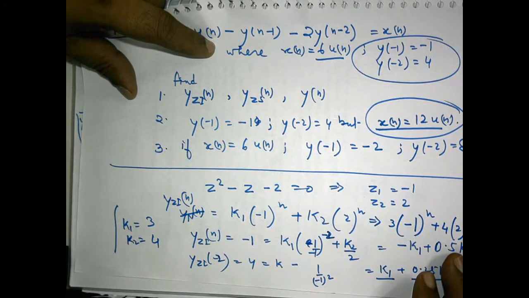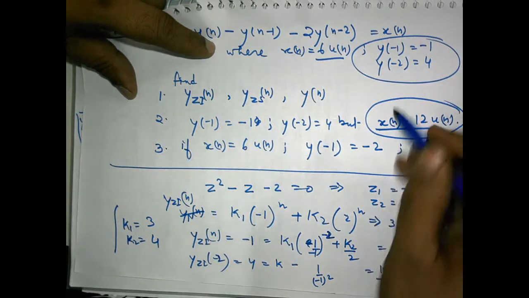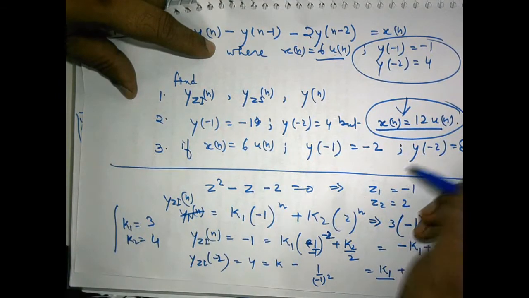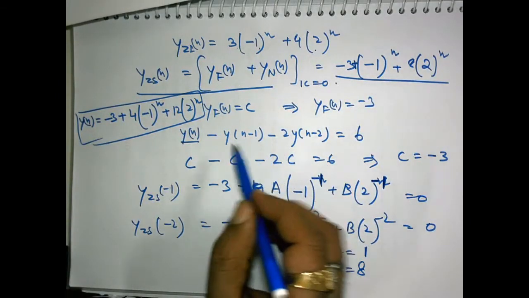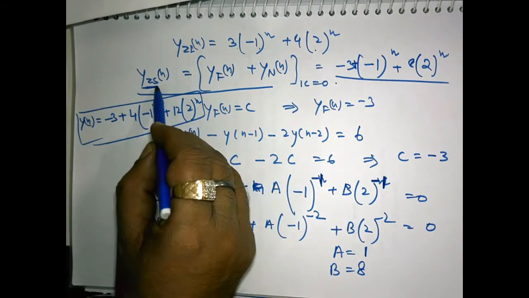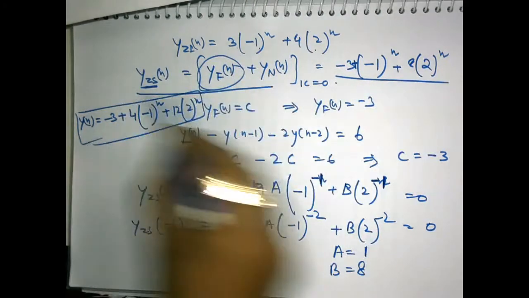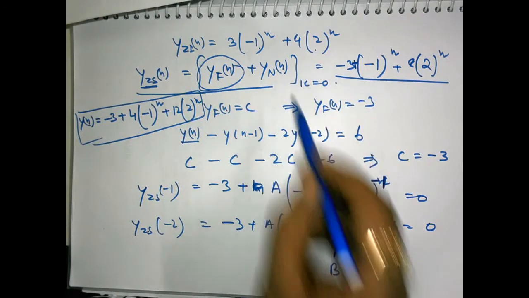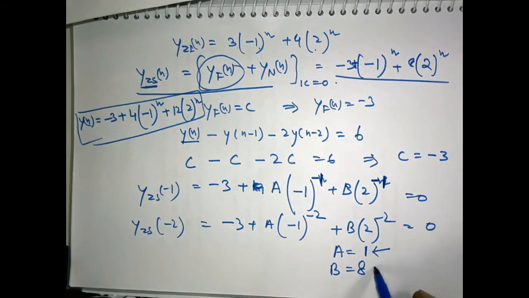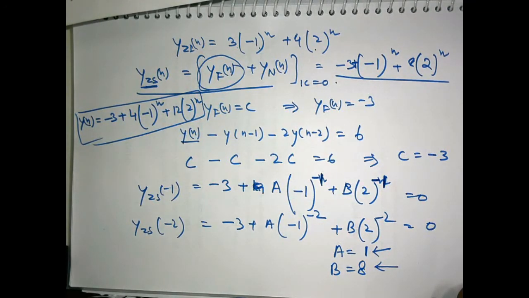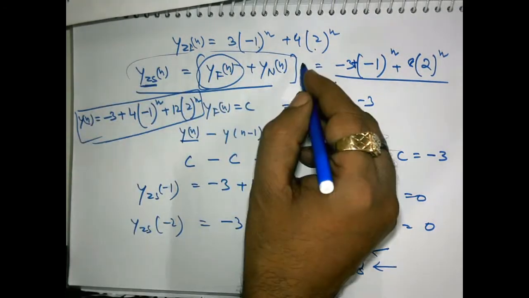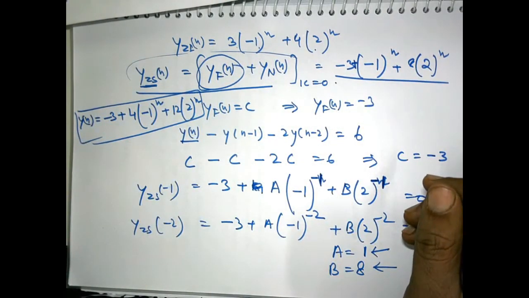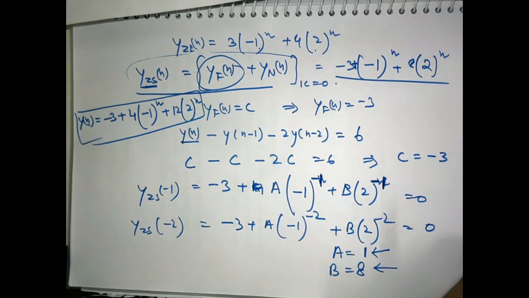You have to observe this by solving the problem. The whole thing will change and result in quite different values of these constants, obtained 2 times the earlier value. So this total response, the zero state response, will be 2 times the earlier value. You will solve it on your own and observe the changes.